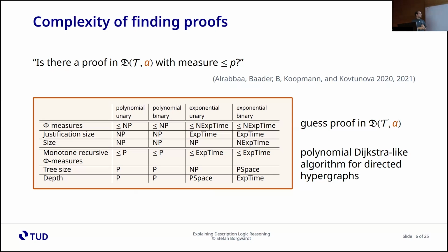There, you can use a shortest path algorithm, a shortest hyperpath algorithm in this case, for these hypergraphs, and we show that the complexity drops to P and ExpTime respectively. And again, for some of these measures of this family, we can have even better complexity bounds.